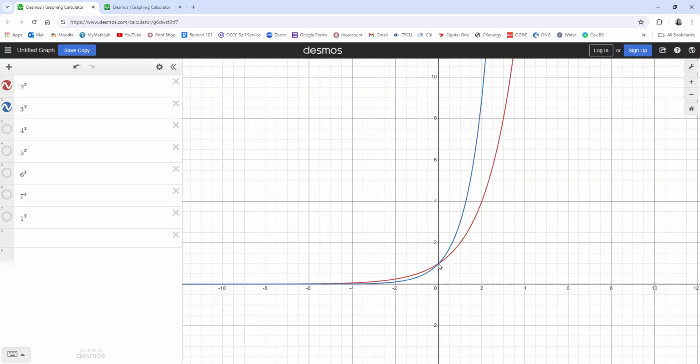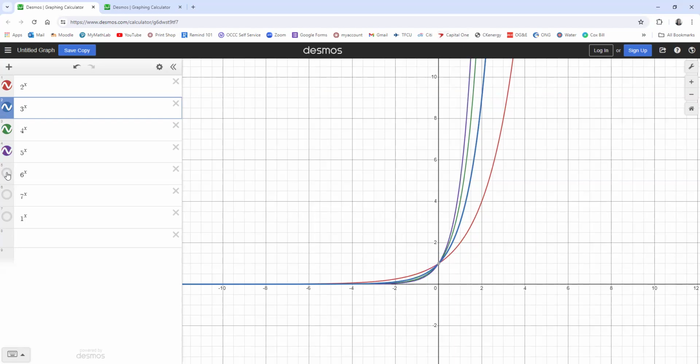So it starts here at 1, then it's going to jump up here to 3, and then it's going to go to 9, and then it's going to go to 27, and then 81, and so now everything is tripling, so it's going to climb much faster. So then when you go 4 to the x, everything's quadrupling, so it's going to increase even more, even faster.